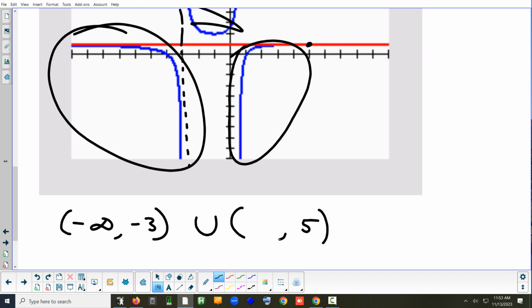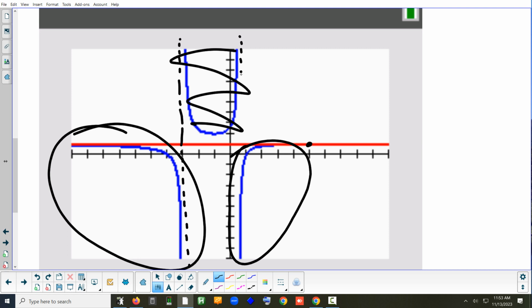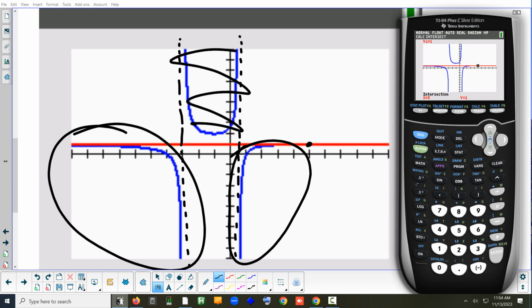And now I have to figure out how far to the left does that blue section go. Well, again, I think we have another vertical asymptote right there. How far to the left does it look like this blue section is going to go? Maybe like 0.5. So we could try 0.5. Right.